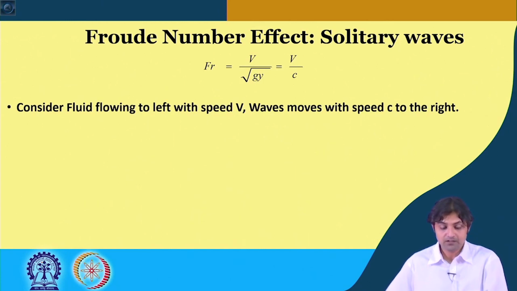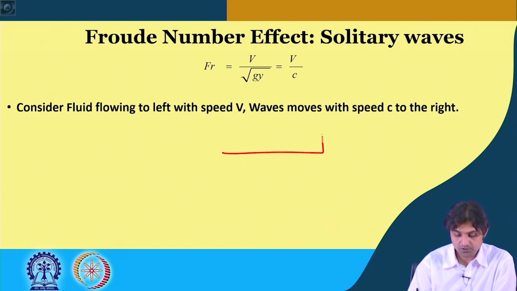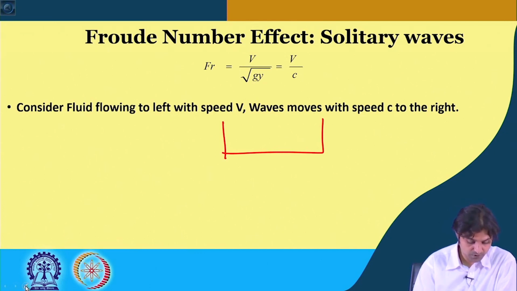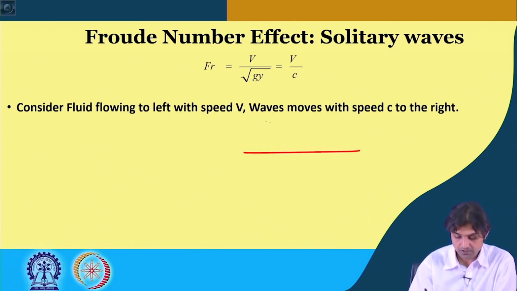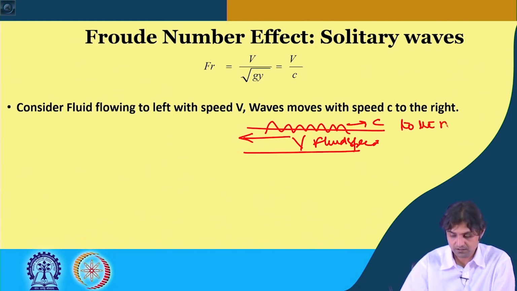All right. So, if we consider a fluid which is flowing to the left with speed V, assume an open channel, without boundaries actually. The fluid flows to the left with speed V, and there is a wave that is generated and is travelling with speed c to the right.